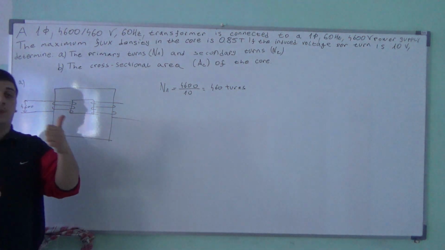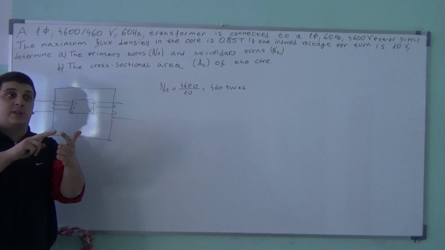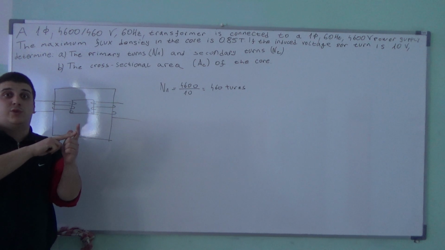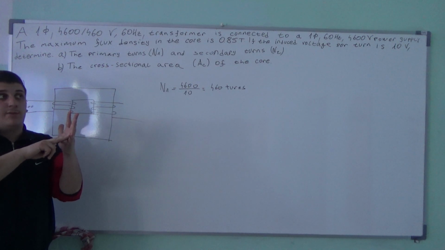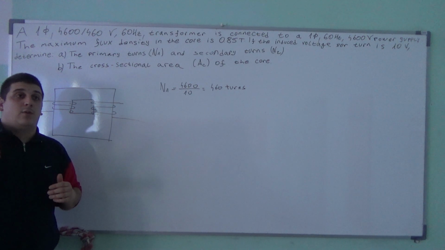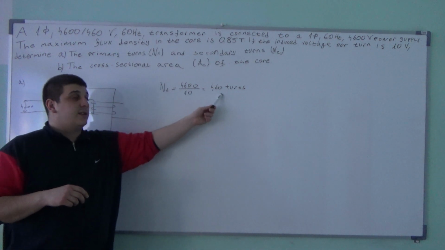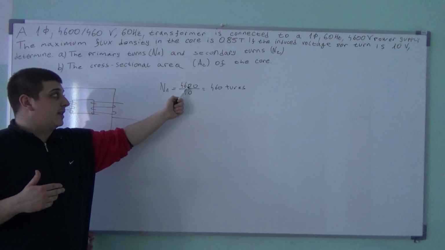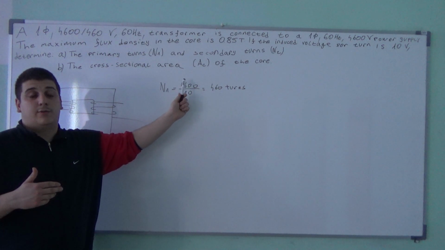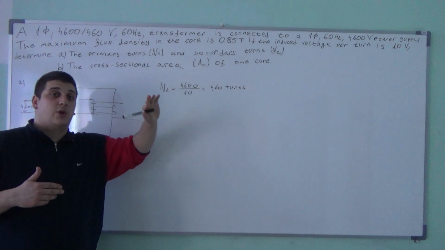So one turn has 10 volts, two turns now has 20 volts induced on the primary side, 3, 30, 4, 40, 5, 50 volts, and we have to have 460 turns on the primary side to have 4600 volts induced on the primary side.